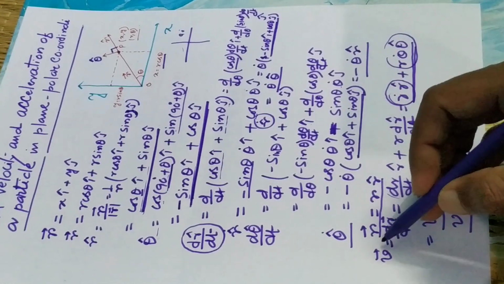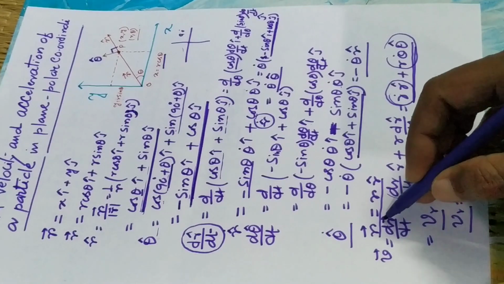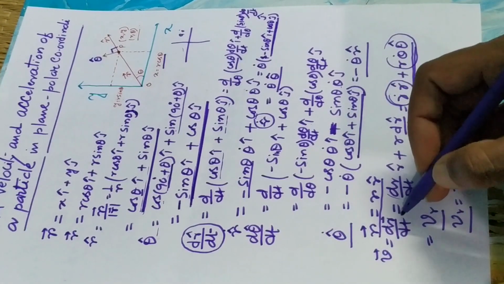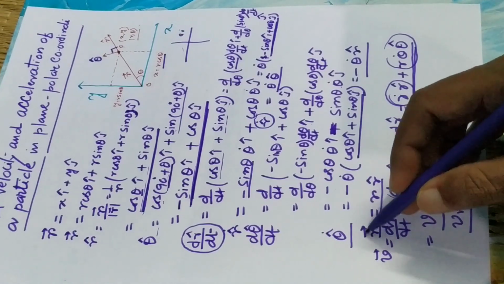So the velocity is equal to dr/dt, because you know the velocity of the particle is equal to the rate of change of displacement, and here the vector r is the displacement.